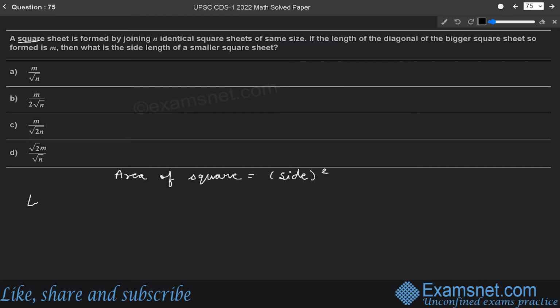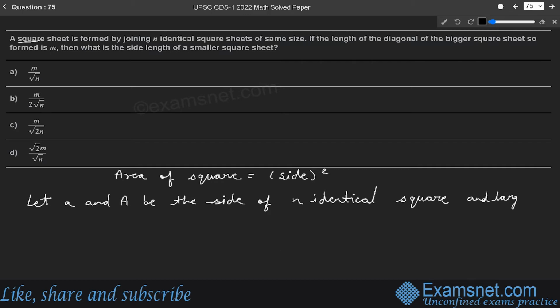Now let small a and capital A be the sides of the n identical squares and the large square. We are assuming these as the sides of an identical square and the large square.